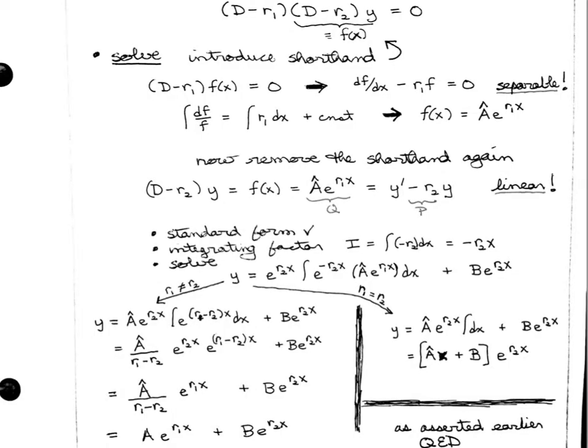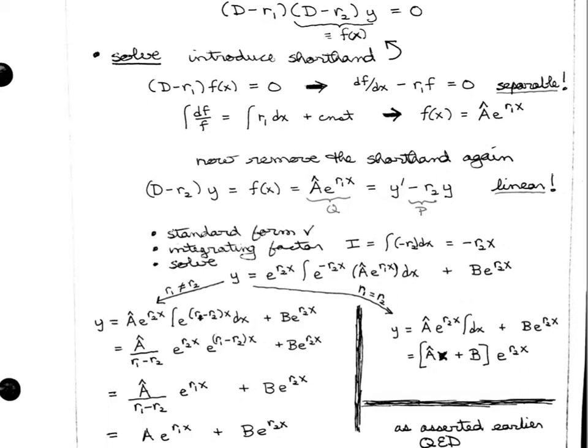So let's recap. We've taken our second-order linear differential equation in y, factored it into this form, noted that we're going to call d minus r2 acting on y by the shorthand f of x. And so our full differential equation now looks like this.